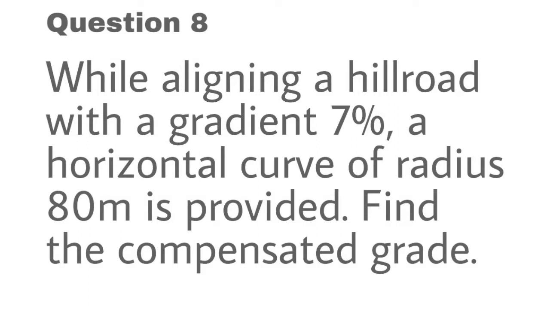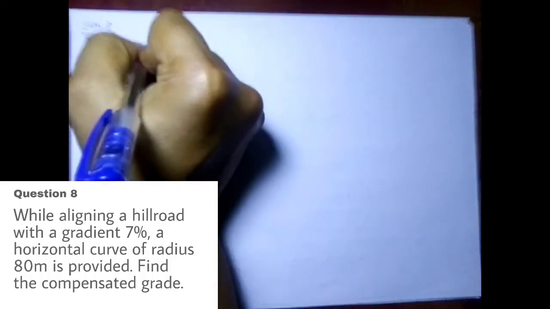Let's end up with the final question, that is, while aligning a hill road with a gradient 7%, a horizontal curve of radius 80 meter is provided. Find the compensated grade. So this question is on grade compensation. So what is grade compensation?